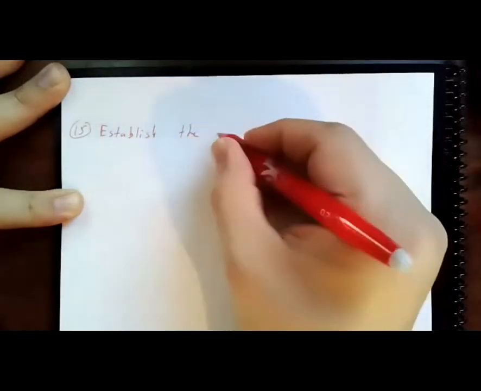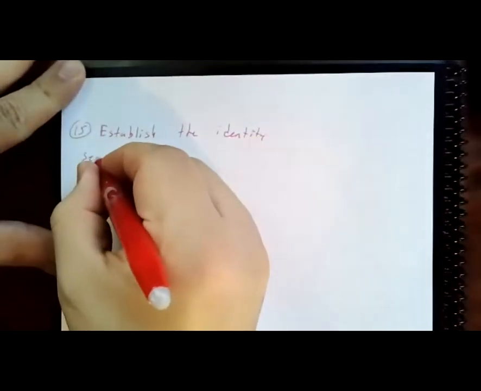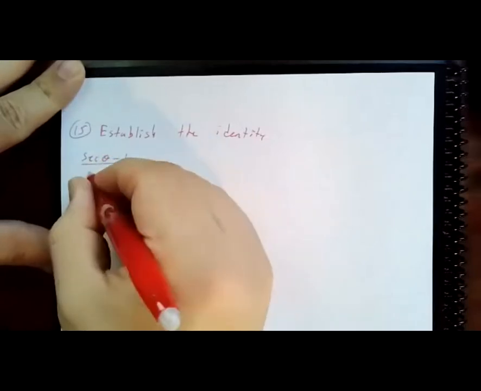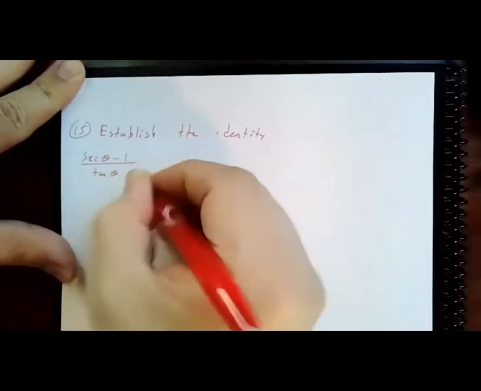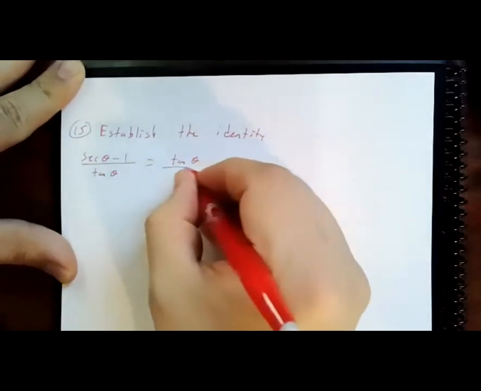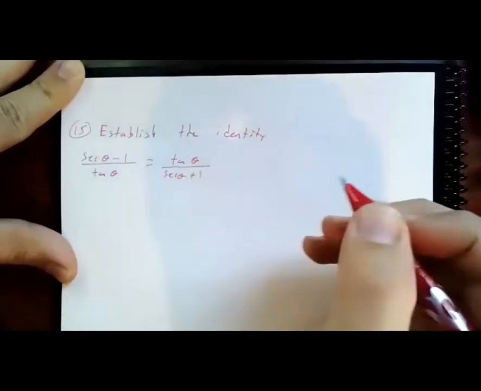So whenever you hear that, they want you to prove it. Prove that it's equal. So secant theta minus 1 over tangent theta is equal to tangent theta over secant theta plus 1.